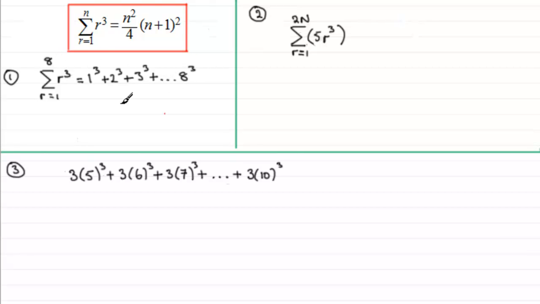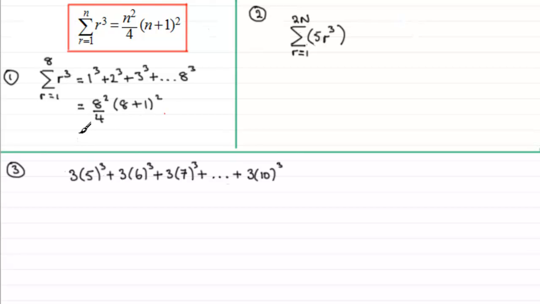Then we can substitute n equals 8, because we've got 8 terms here, directly into this formula.